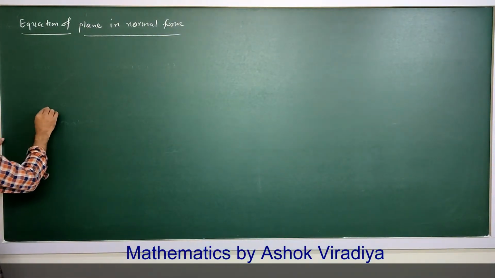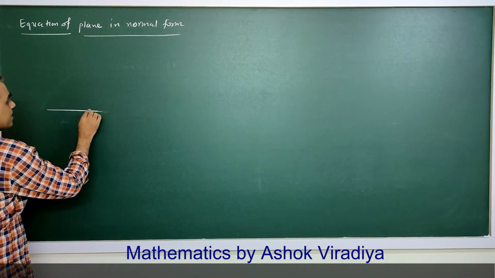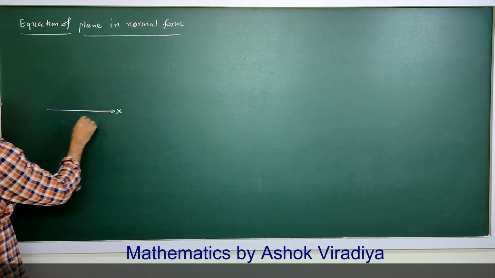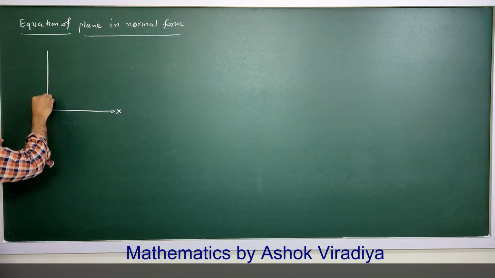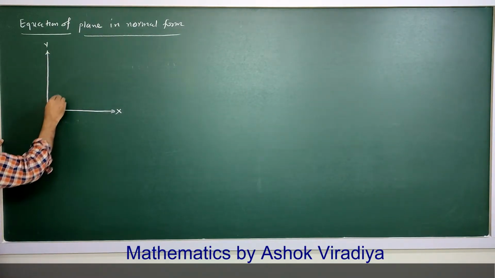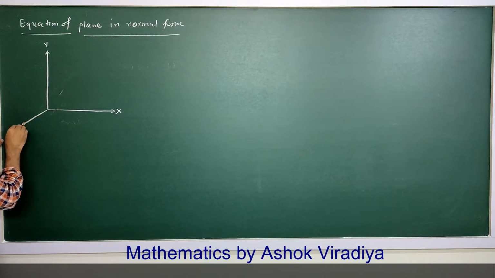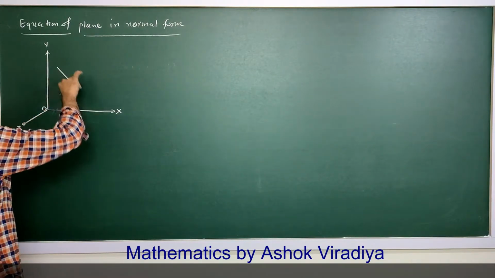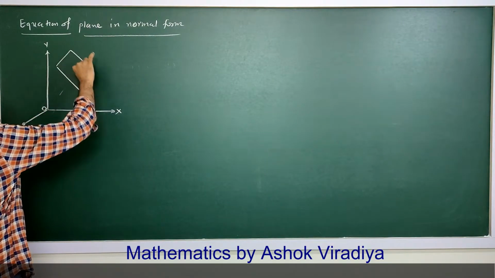So here, because everything we are doing in space, this is x-axis, this is y-axis, and suppose this is z-axis. These are coordinate axes. Here we consider this plane. This is a plane.